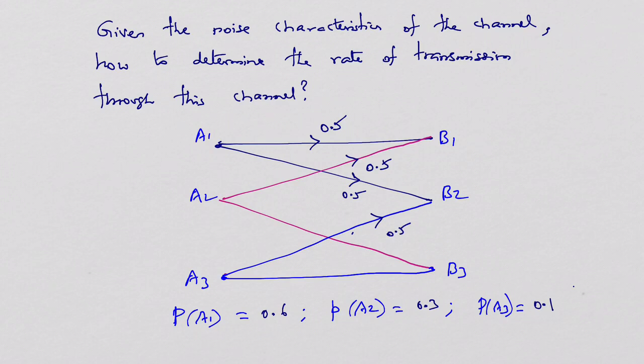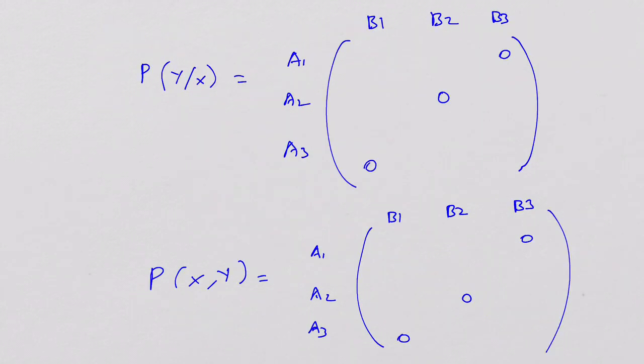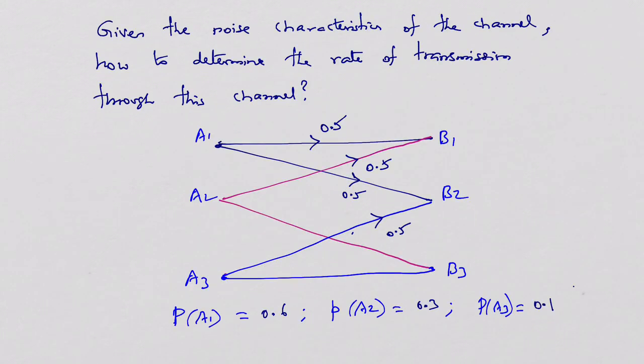Similarly, the probability of getting B3 when A2 is transmitted is 0.5 and the probability of getting B3 when A3 is transmitted is 0.5. So all these transition probabilities of the channel characteristics are given.